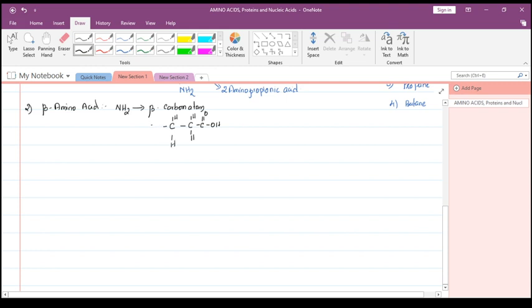In this, one hydrogen is replaced by an amino group. So it is called a beta amino acid. It contains three carbons, so it is propane, a propionic acid, but the second carbon is not having the amino group. It is on the third carbon. So this is called 3-amino propionic acid.